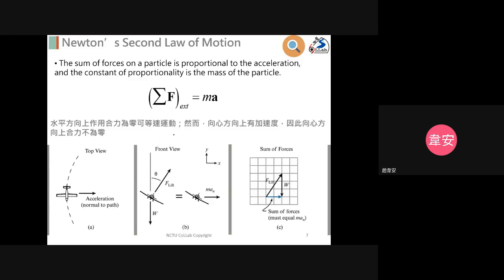As I mentioned, if the sum of the forces is not equal to 0, we call that the external force for our system. And the external force is equal to the mass multiplied by the acceleration.